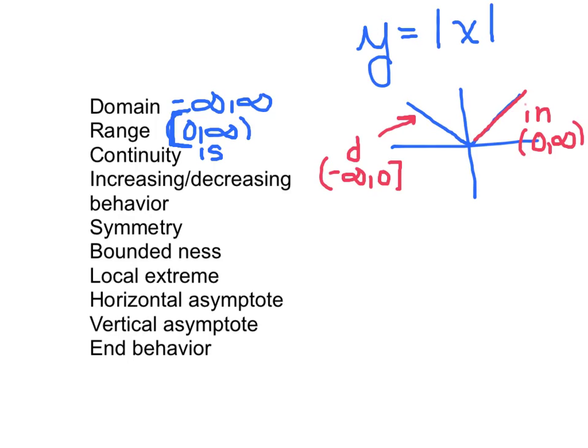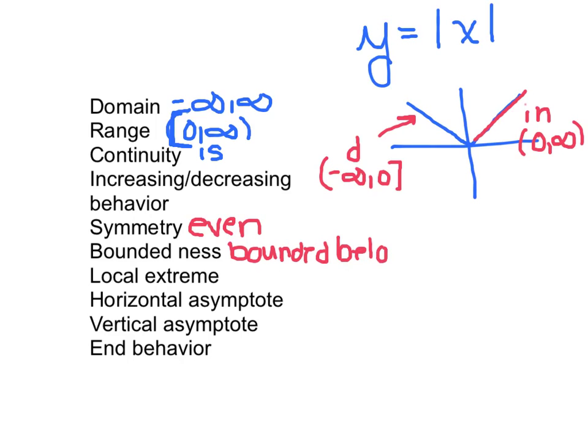So decreasing is like walking down the hill, increasing is like walking up the hill. Decreasing is a negative slope, increasing is a positive slope. This graph is symmetric to the y-axis, so it's an even function. This is bounded below.